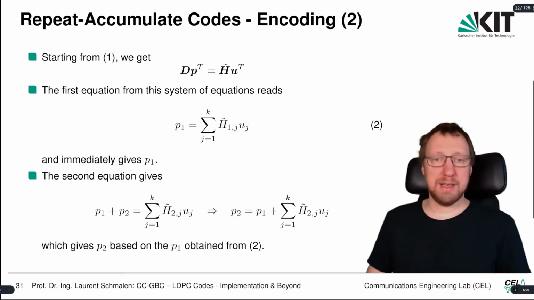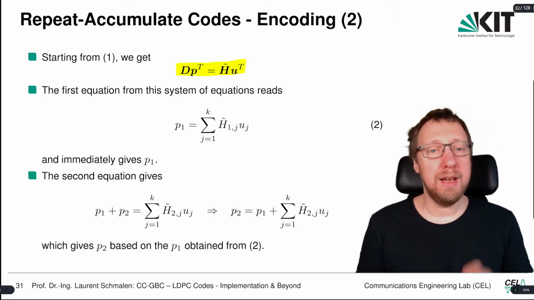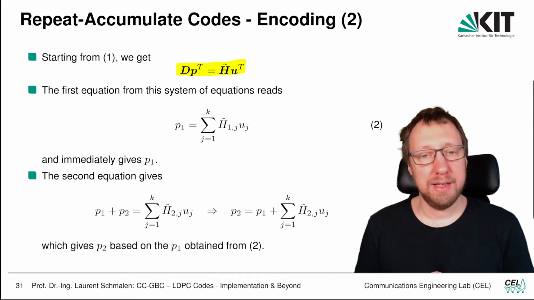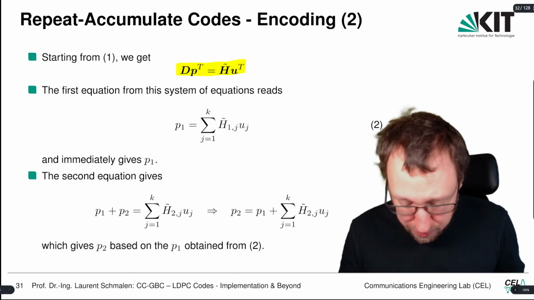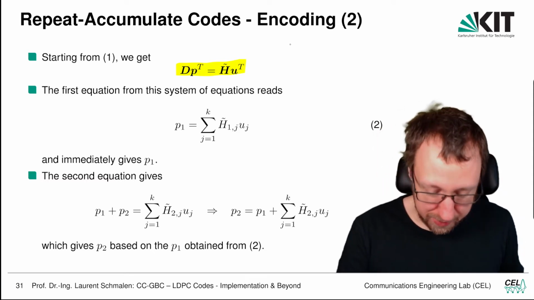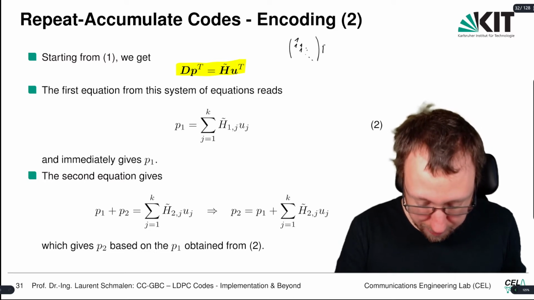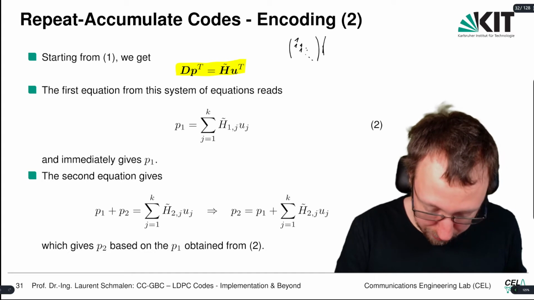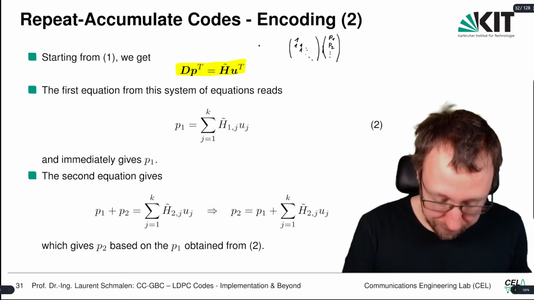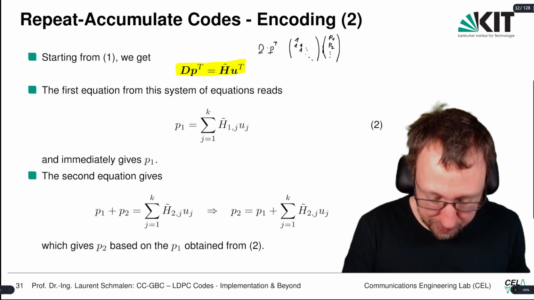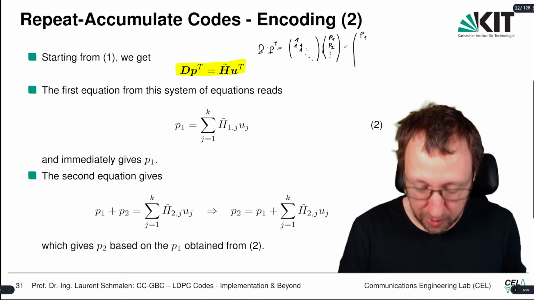So how does this look? We start from this equation number 1: D times P transposed is equal to H tilde times U transpose. If we look closely, D is equal to 1, 1, 1, 1, and so on, so D times P transposed has as its first entry P1.